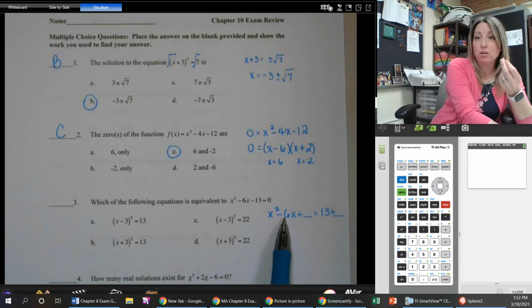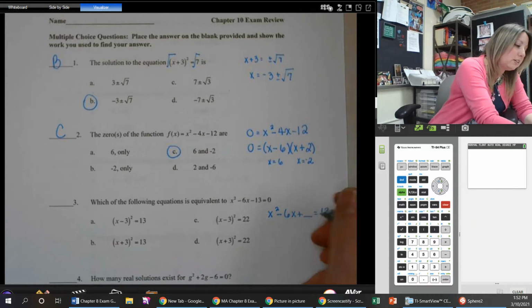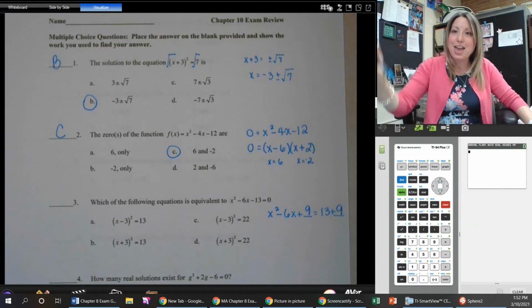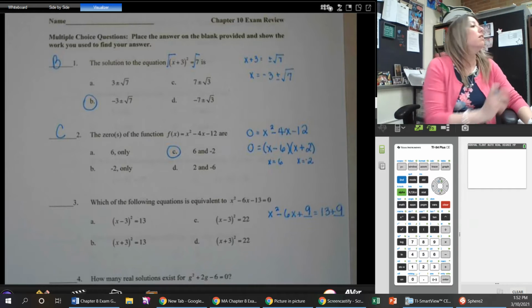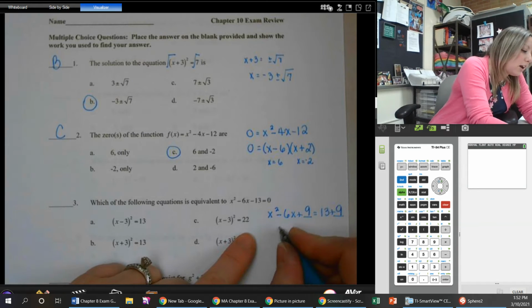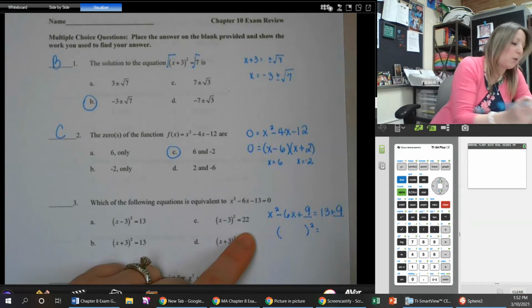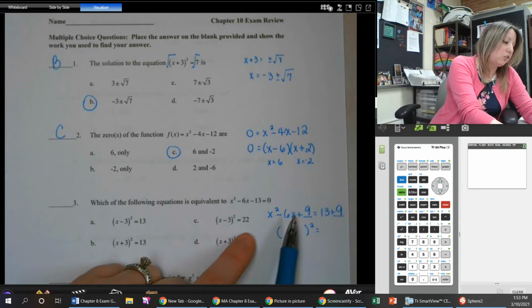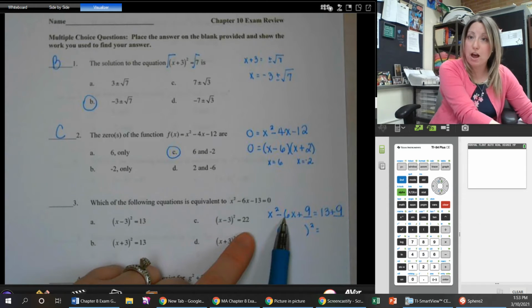I take the middle number divided by 2 and square it. Negative 6 divided by 2 is negative 3. Negative 3 times negative 3 is positive 9. So no matter what, this thing that I'm doing to both sides is adding that number to both sides. Now I take this and I factor it to be one binomial squared. And the way I do that is to just take the middle value and divide by 2.